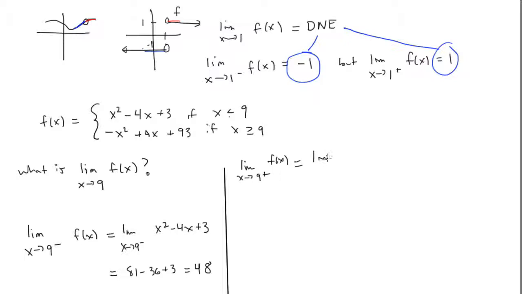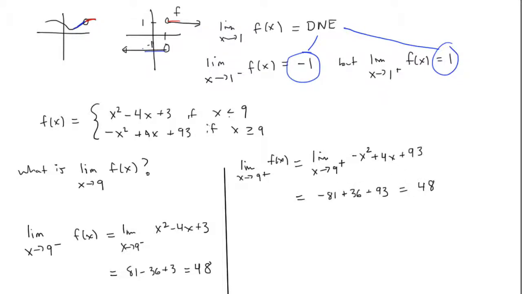And so this will be the limit as x goes to 9 from the right of minus x squared plus 4x plus 93. And again, we now have it down to the step of being a polynomial, so we can just substitute the 9 in and crunch it. And so we get negative 81 plus 36 plus 93. And this happens to also work out to be 48.